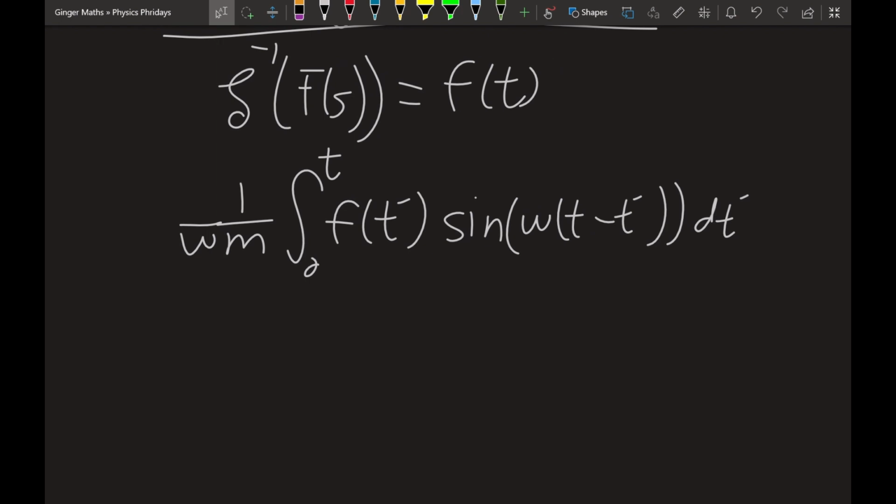So yes, this is our third and final bit of our inverse Laplace transform.